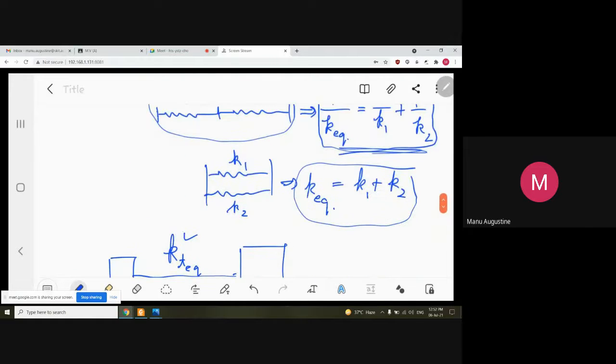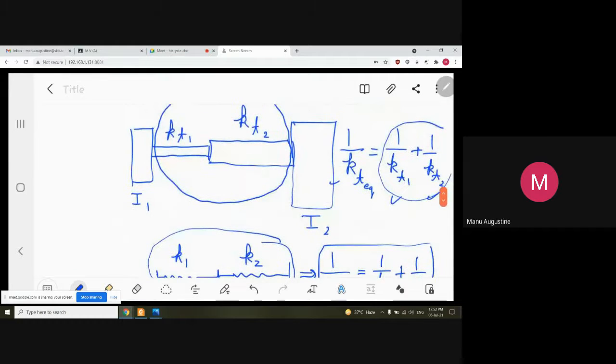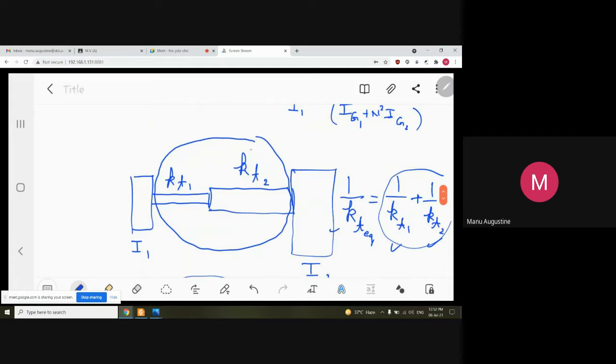And in this KT equivalent, this KT2, let us choose to call it as KT2 dash, because this is not the original shaft stiffness that we had. This is a converted equivalent value. The value of this is actually n square times KT2. This being the only difference, now you know how to convert a geared system into a stepped shaft system.